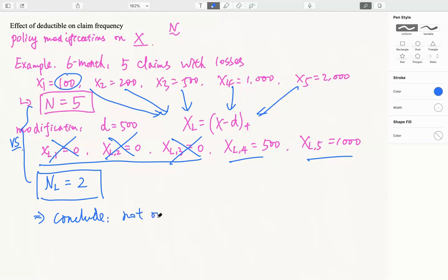Not only will X change, but N as well. Using this very simple example, we see that after applying the deductible, the claim severity obviously changes. The claim frequency changes as well. That is the reason why we want to study the effect of deductible.